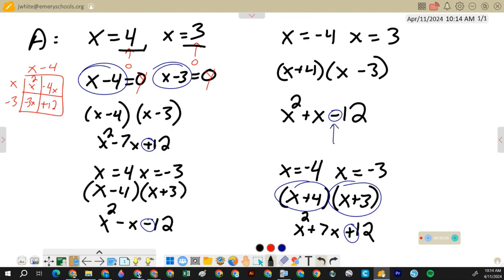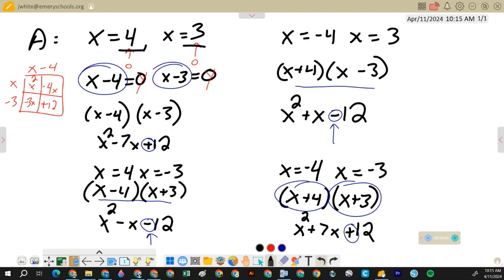What about this one and this one? If the factors have opposite signs, then the constant is going to be negative.